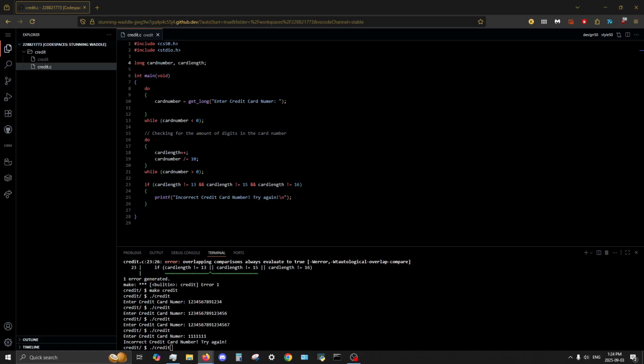Do we have to set the card length at 0? I think we do. Somewhere. Oh, it's working so far.